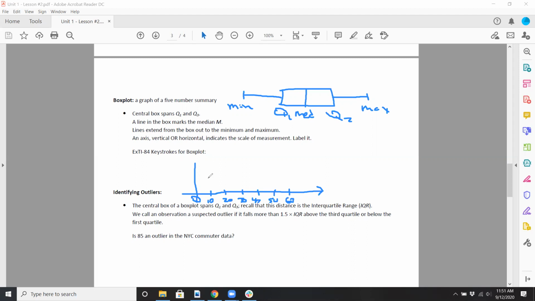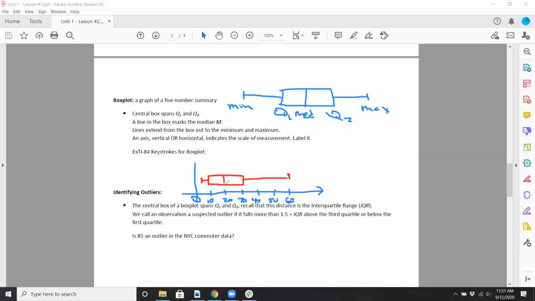So remember, our min was 5. So I'll put a little line right there, and our max is 60. A line right there. And then remember, our first quartile was 10. And our third quartile is 30.